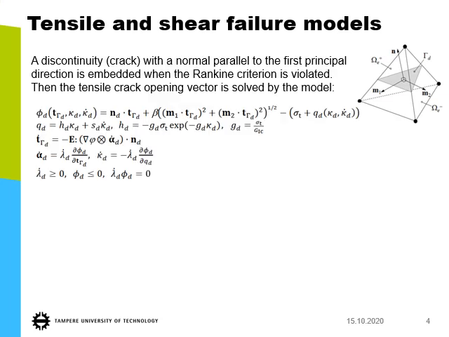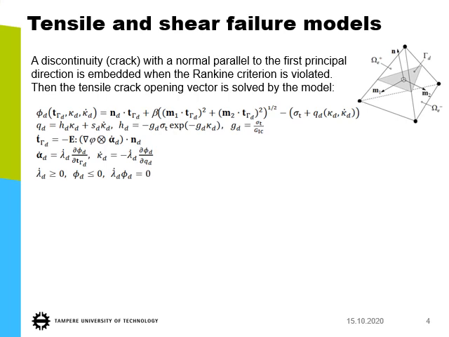Okay, first, the discontinuity crack with a normal parallel to the first principal direction is embedded when the Rankine criterion is violated. Then the tensile crack opening vector is solved by this model. So you have here the loading function defined as a function of the traction and internal variable kappa and its rate.